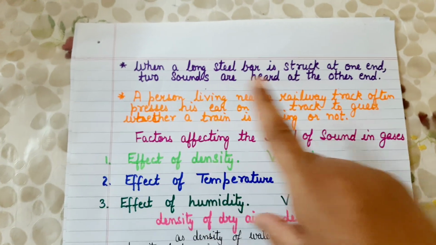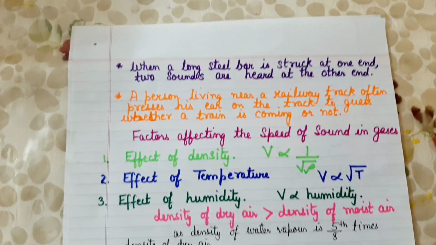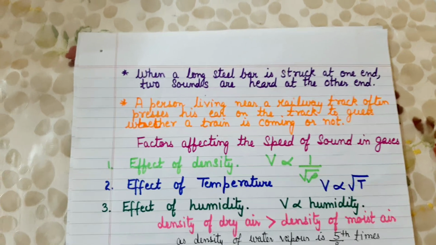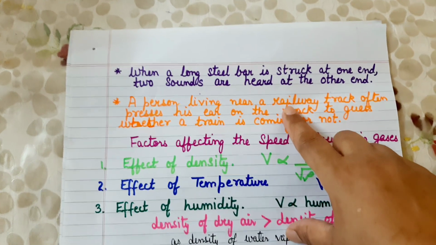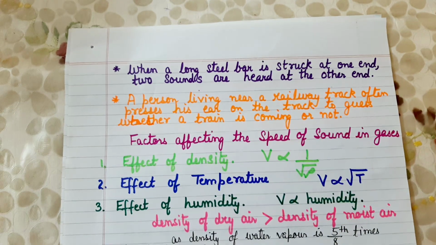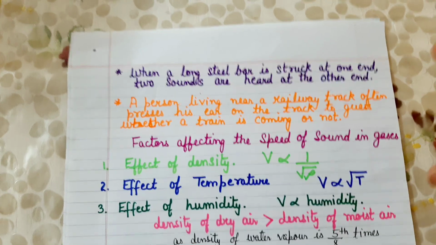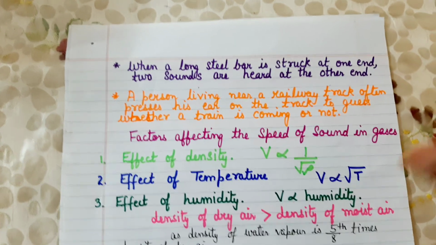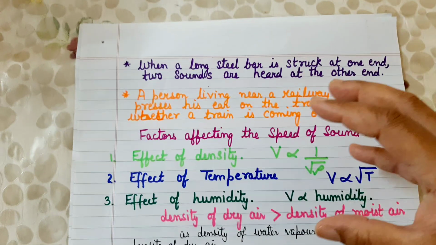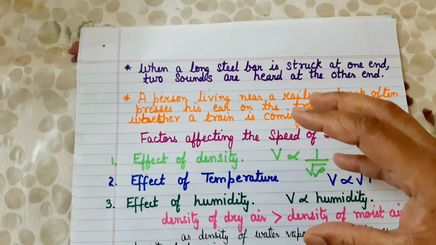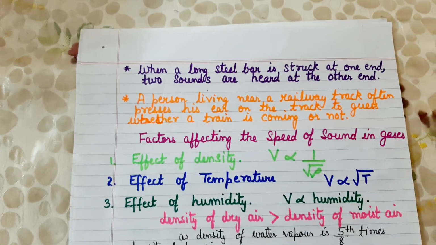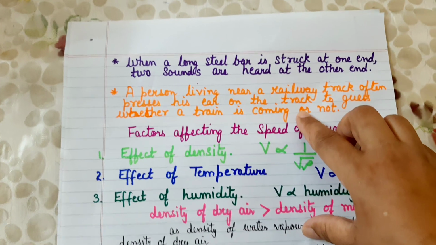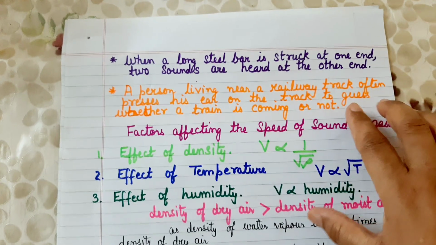So the sound travels faster through the metals, and the approaching train sound through the air will come later, but through the metal it will reach faster. So therefore, if a person is pressing his ears on a railway track, the vibration through the track can be heard, and the person comes to know that the train is approaching, even if the train is far off. Isn't it very interesting, children? Okay, so do not forget this fact.